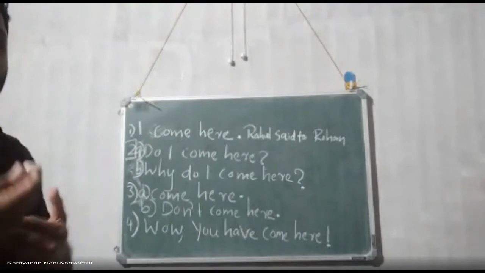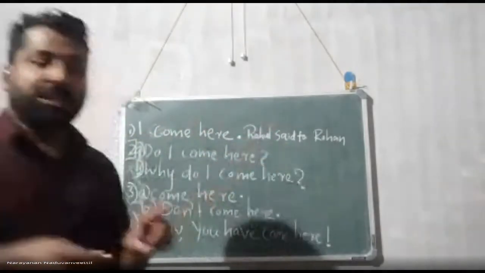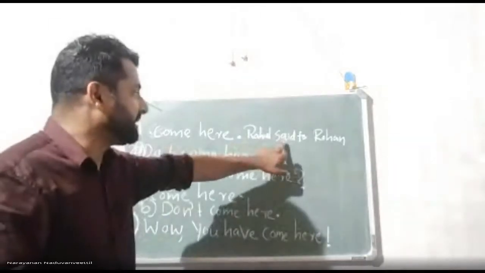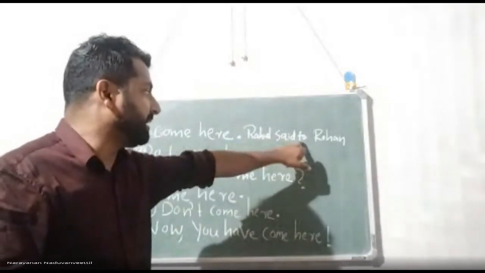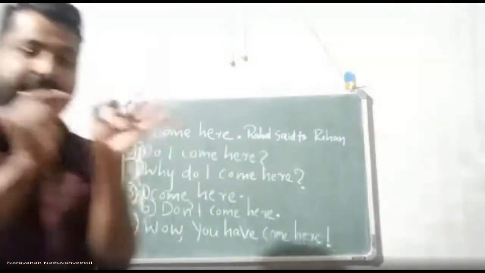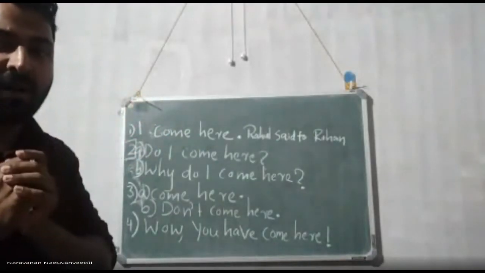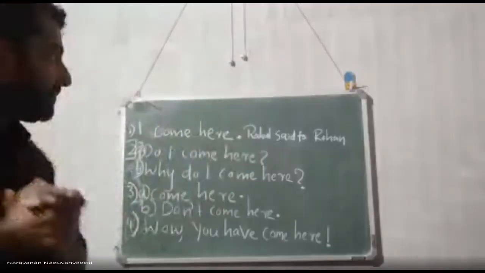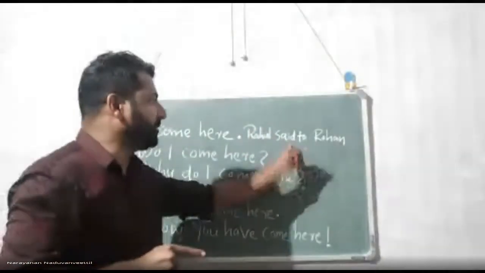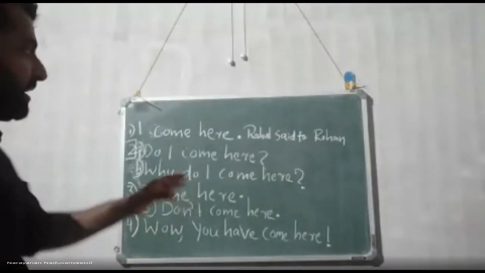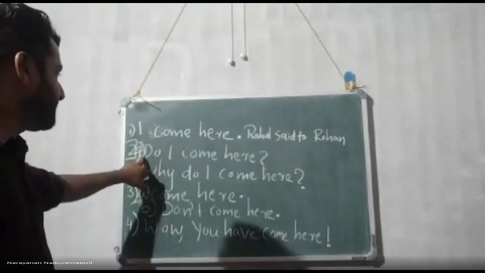But when you use told, you don't have to use any to at all. Here only we have said, which is followed by to. Said to, or told, or informed. Rahul said it to Rohit. This is the first part of reported speech. Come to the second sentence.